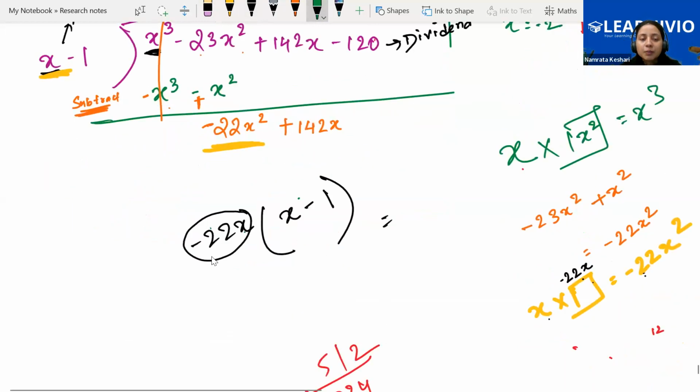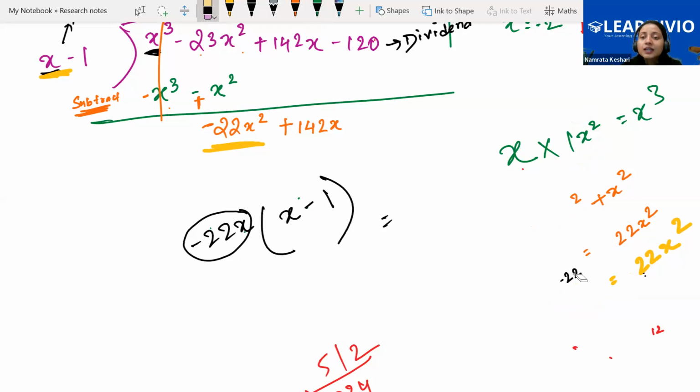If we multiply minus 22x with the bracket x minus 1, we will open the bracket by using the distributive property. What are we going to get? Minus 22x square plus 22x. Exactly. It will be minus 22x square plus 22x. Let me show you.